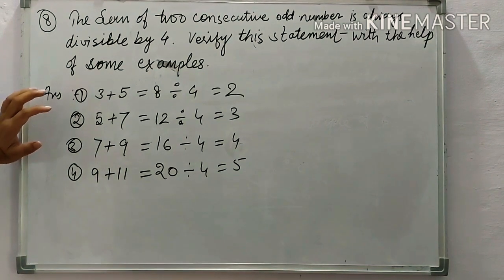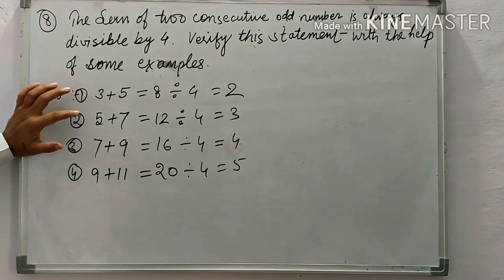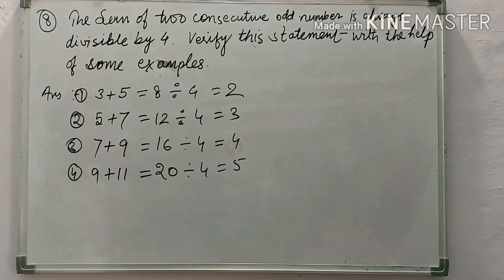To verify the statement: 3 plus 5 is equal to 8, and 8 is divisible by 4, 2 times. 5 plus 7 is equal to 12, divisible by 4, 3 times. 7 plus 9 is equal to 16, divisible by 4, 4 times. And 9 plus 11 is equal to 20, and 20 is divisible by 4, 5 times.